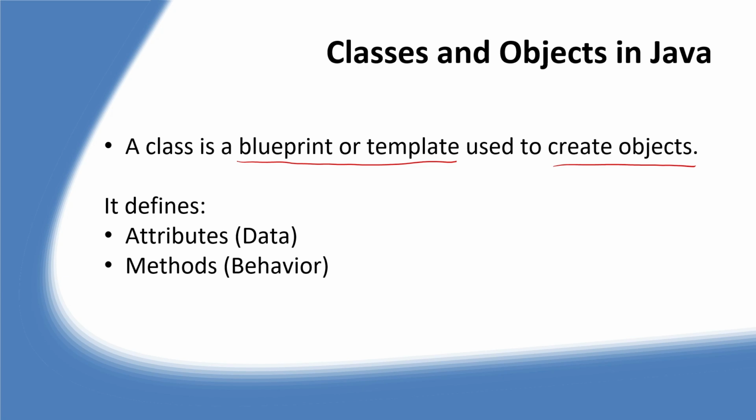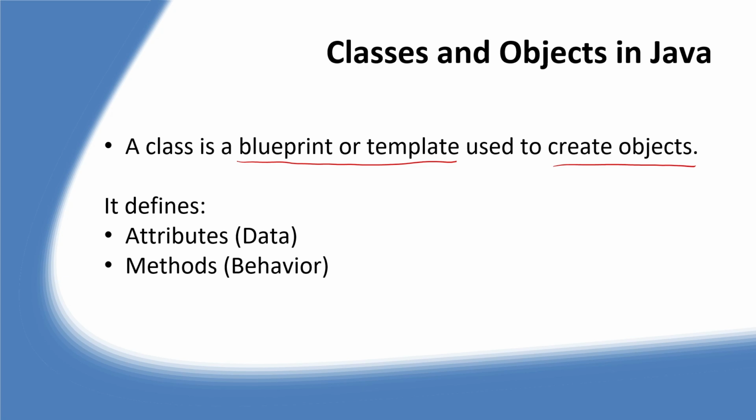Similarly, a Java class only defines what an object should have, and what it can do. A class does not occupy memory for actual data until an object is created.